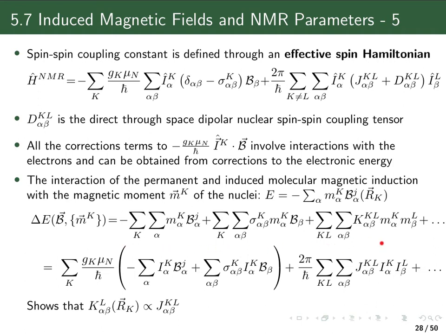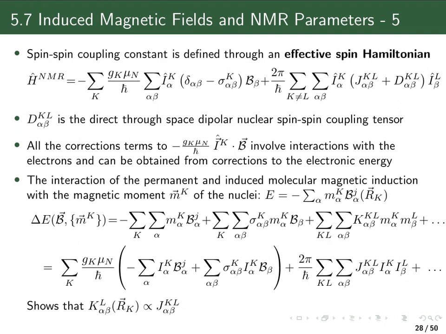So I've written it up here in terms of the energy of the electrons. We have the term with the permanent molecular magnetic induction with the nuclear magnetic moments. And here, all the rest is the induced molecular magnetic induction interacting with the magnetic moments. In the first term, we have the molecular magnetic induction induced by the external magnetic field, now interacting with the magnetic moments of the nuclei.